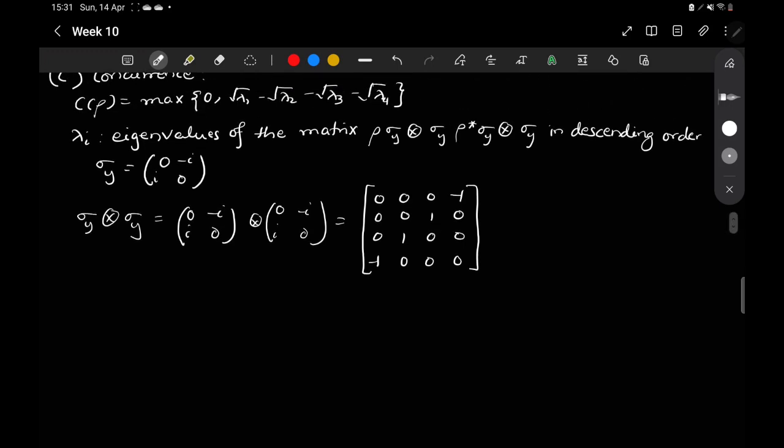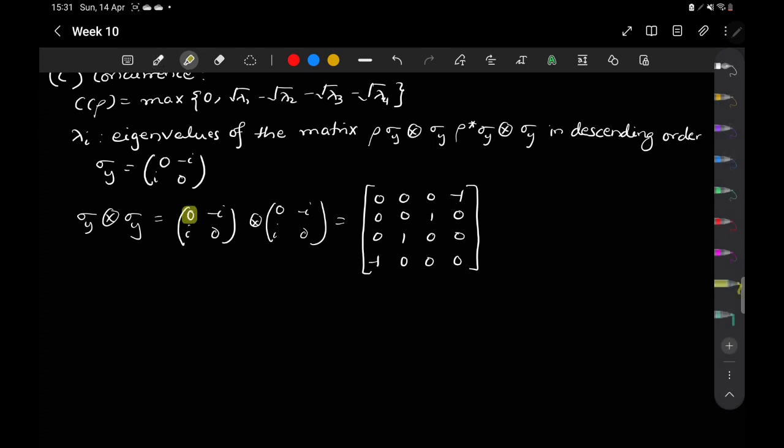So how do we evaluate the tensor product? What we do is, this element multiplied with the entire matrix, then this element multiplied with the entire matrix, similarly this element multiplied with the entire matrix, and this element multiplied with this entire matrix. So 0 times this is 0, so that's why this part is 0.